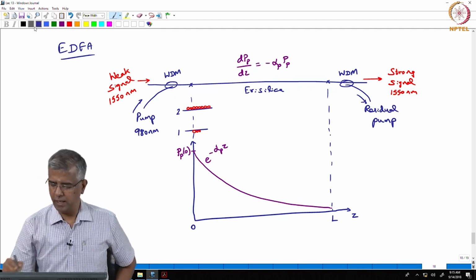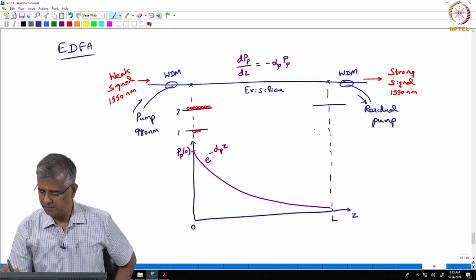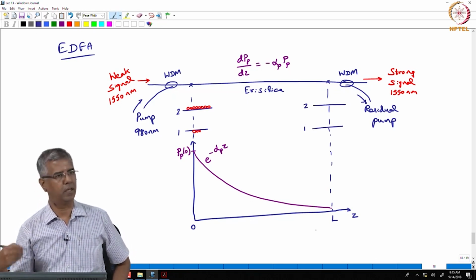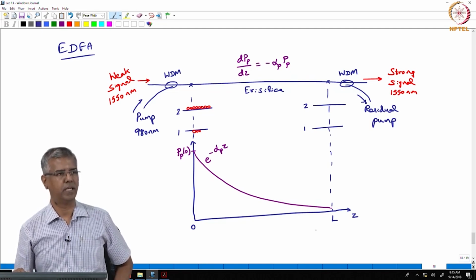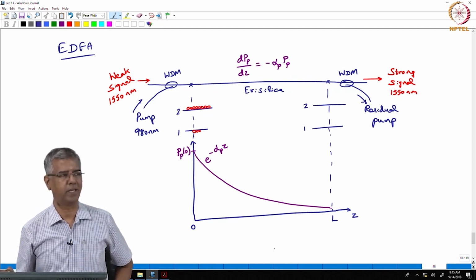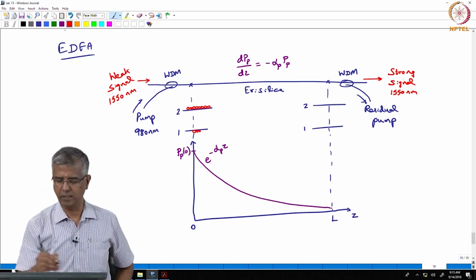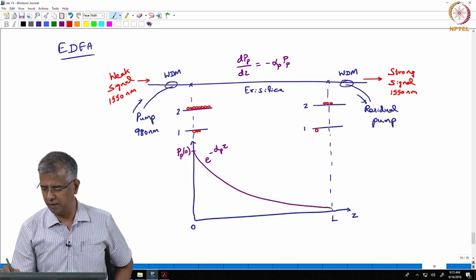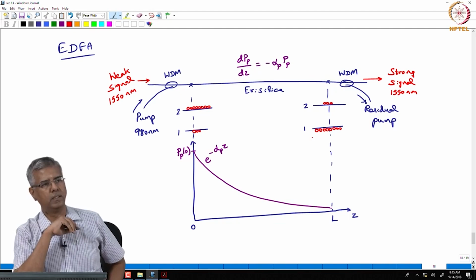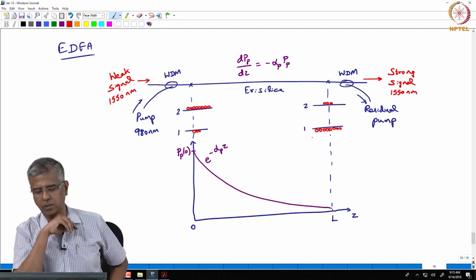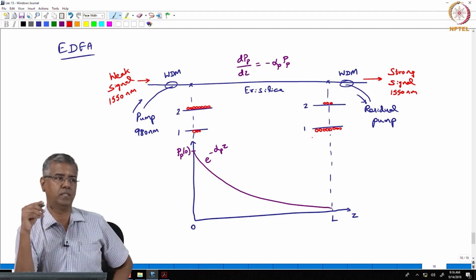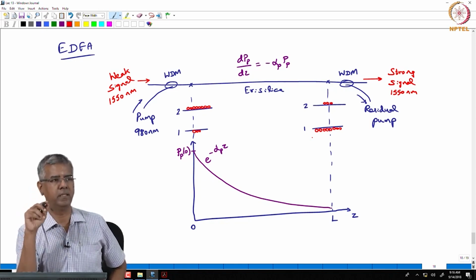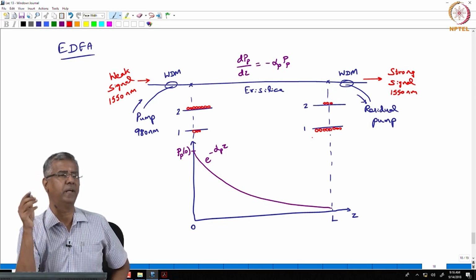Now, what can you say about what is happening over here? Here the pump is actually much lower. So, correspondingly the inversion that you expect is going to be much lower. So, here you may have very few erbium atoms. Erbium atoms in silica actually are sitting in an ionized form, a triply ionized form.